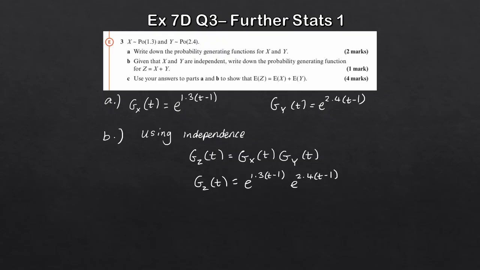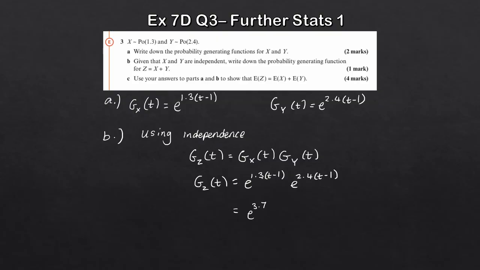Now don't be put off here by the powers. Imagine you expanded both of these powers, so that'd be 1.3t minus 1.3, and 2.4t minus 2.4. Because we're multiplying these, we add the powers, so 1.3t plus 2.4t would be 3.7t, right on the outside.